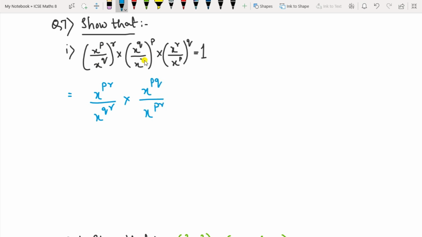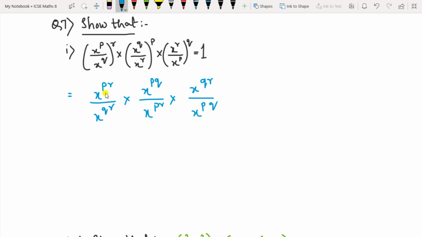Now see, though it becomes rp, but you have to write in the alphabetical manner. So first write p and then r. Always write the power in the alphabetical manner. So x raised to qr upon x raised to pq.